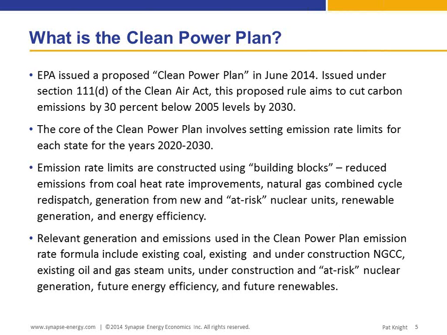These emission rate limits are constructed using so-called building blocks, which each in and of themselves reduce emissions for each state. These building blocks involve reducing emissions as a result of coal heat rate improvements, using natural gas combined cycle more in place of coal, counting generation from new and at-risk nuclear units, and counting future projections of renewable generation and energy efficiency.